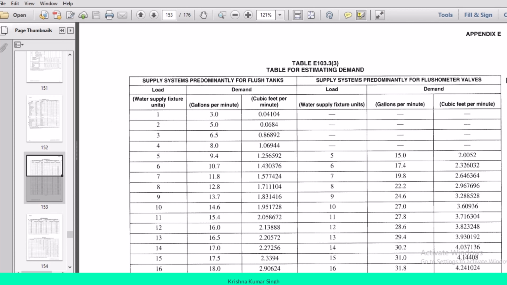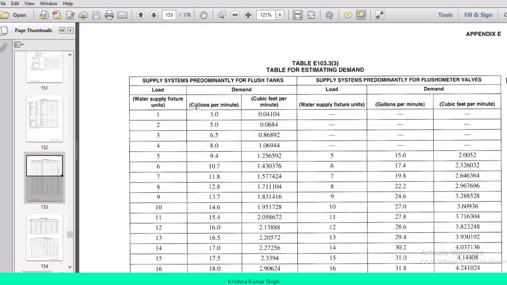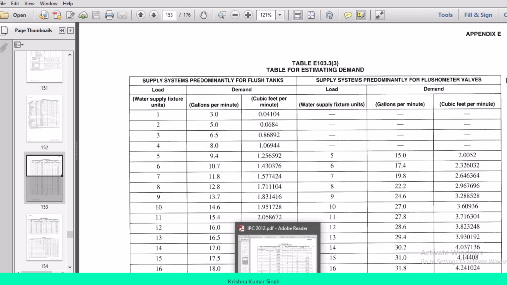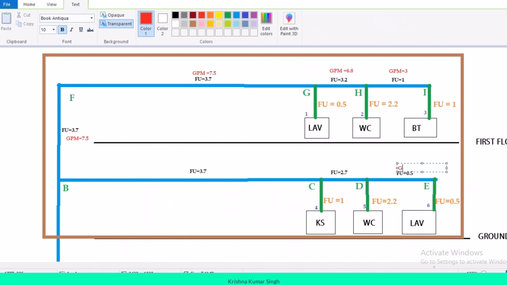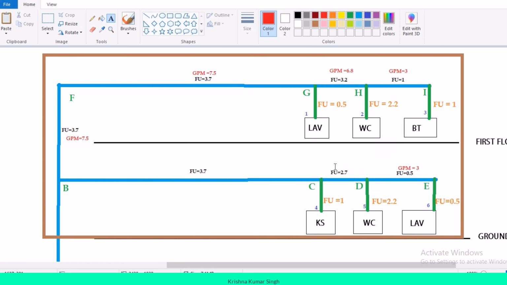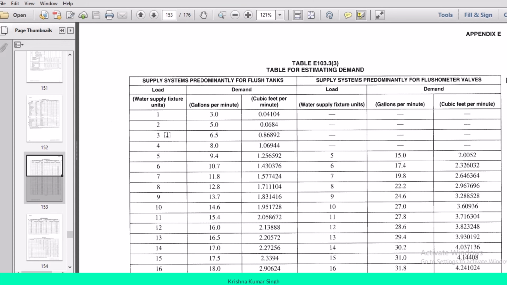You can use 3 over here because you don't have an upper value. GPM equals 3. Now for 2.7 you have to do interpolation again, because 2.7 lies between 2 and 3.